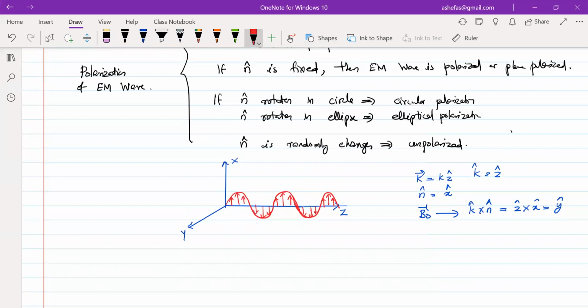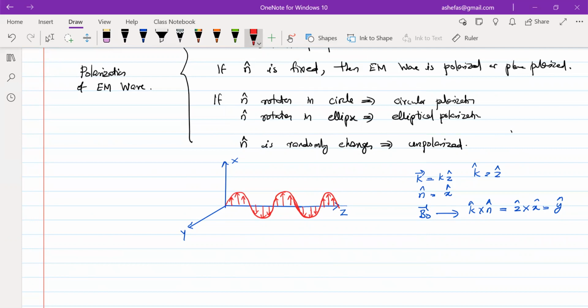Remember, this electromagnetic wave is a dynamic concept, but we are trying to visualize it in a static way, because we cannot draw a dynamic picture. We can represent a picture at one particular instant. So this is a picture of the electric field wave at one particular instant. It can oscillate along the x direction or negative x direction, so it changes with time. The electric field can be positive and negative. When it is negative, it will be directed along minus x direction. If it's positive, it will be directed along positive x direction.